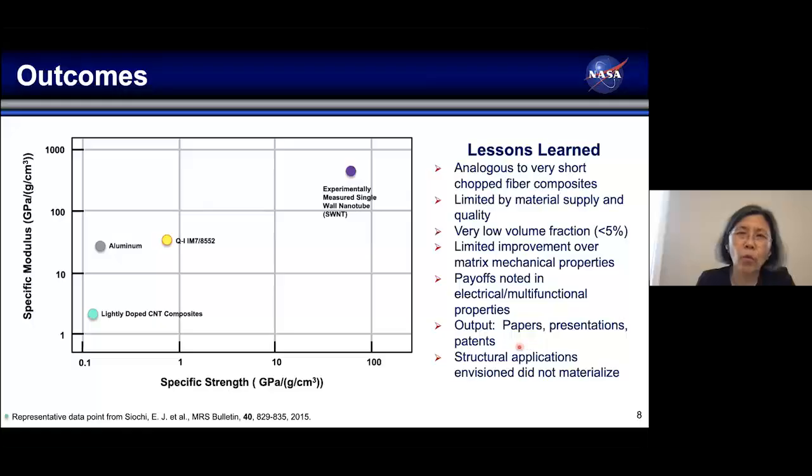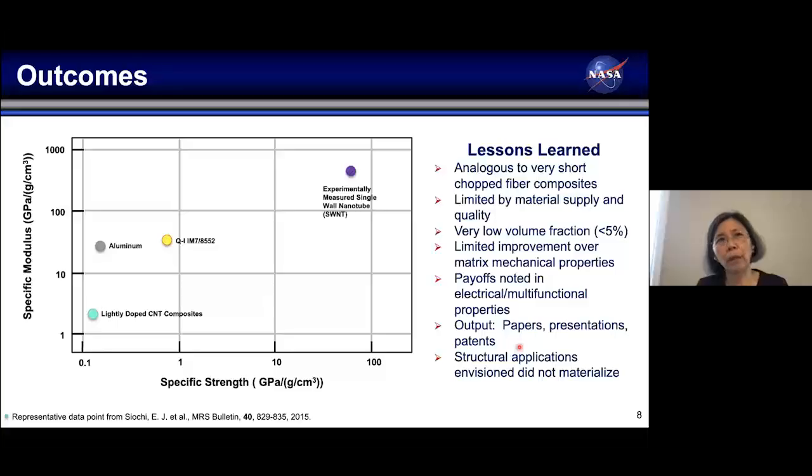So, when we look back for the work that our team did within NASA, and specifically within Langley, which is, I think, where the core of the work on structural CNTs happened, we had a lot of papers and presentations and patents, and in fact, some of our papers are really highly cited to this day.